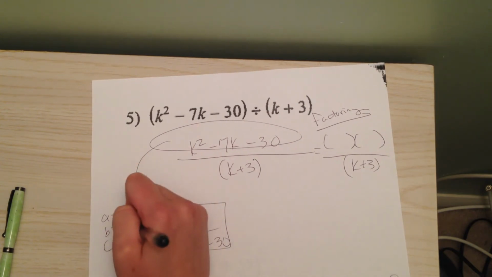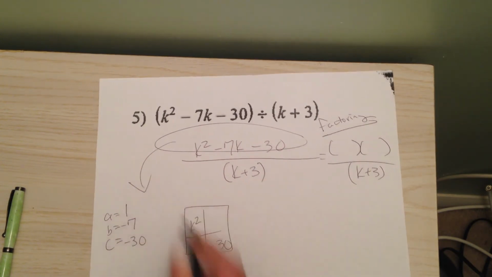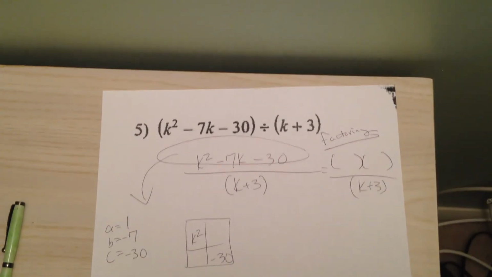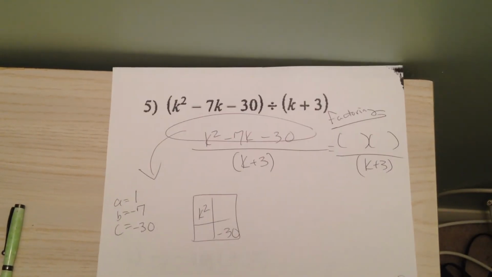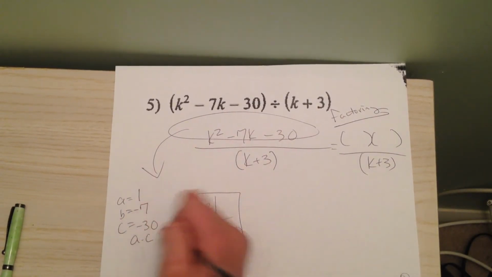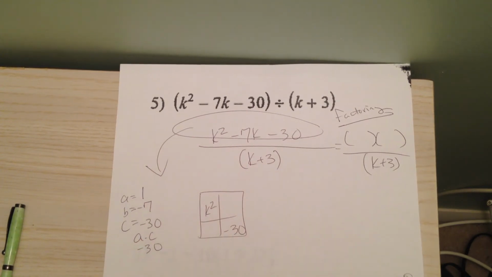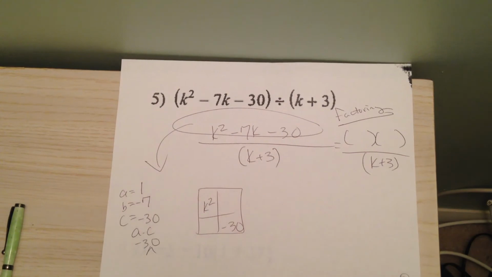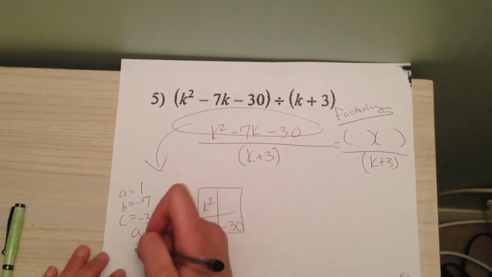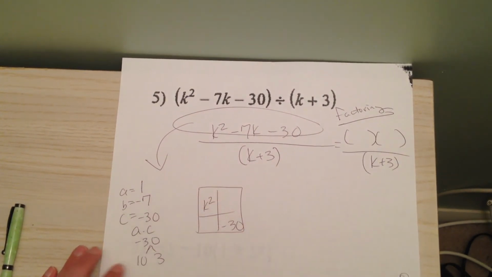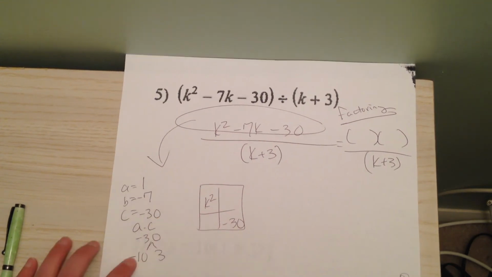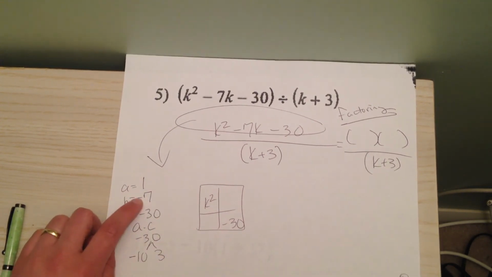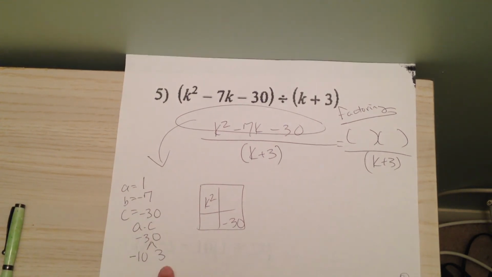So Ninja, -7 and -30. Now I need to say A times C, which is -30, and find two things that multiply to -30 but add to -7. So I'm thinking 10 and 3, as long as my 10 is negative, so that when it adds, it's a negative. If I made my 3 negative, it would add to a positive.